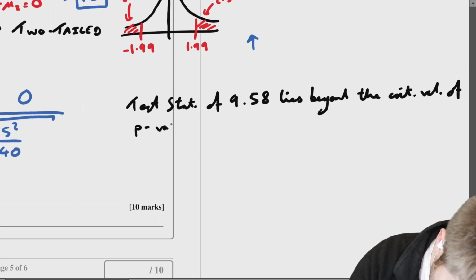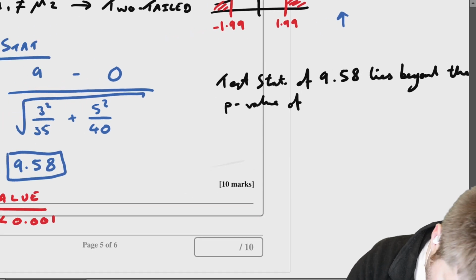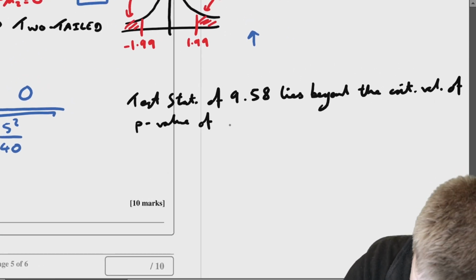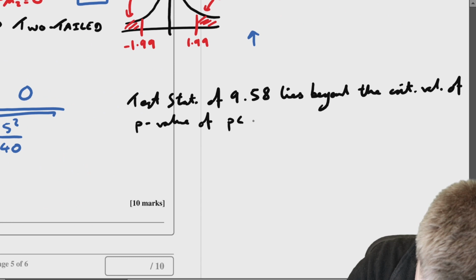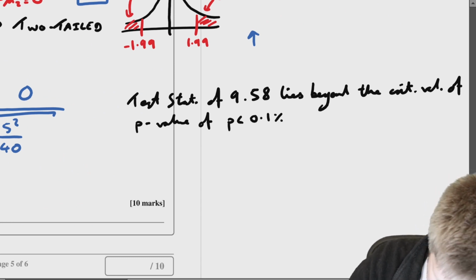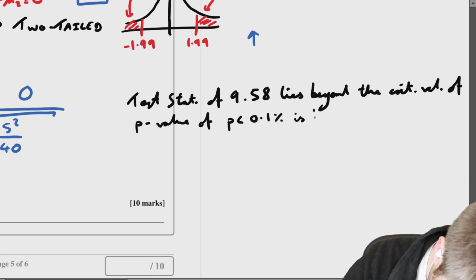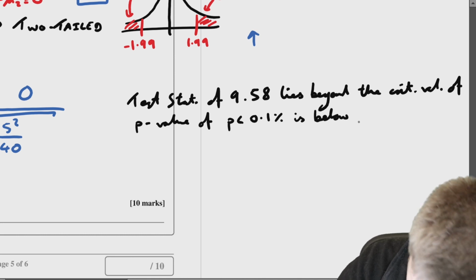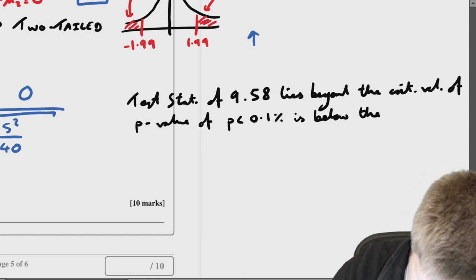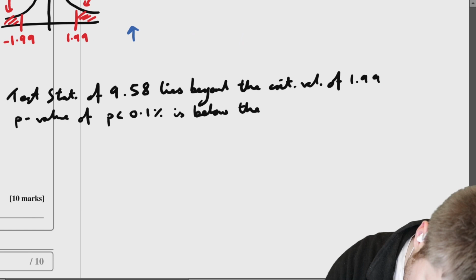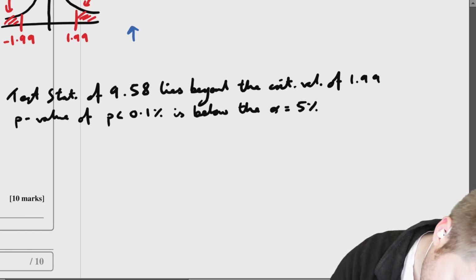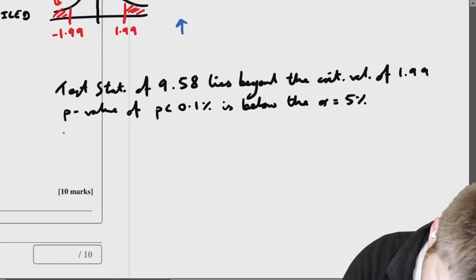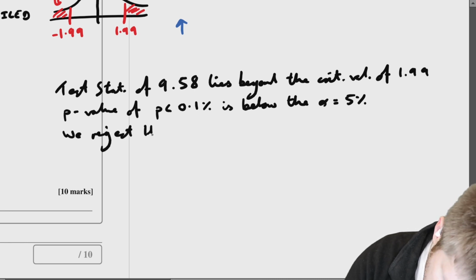Next thing I'm going to put is my p-value. My p-value, in this case less than 0.1%, is below the significance level, alpha, of 5%. So therefore we reject the null hypothesis.